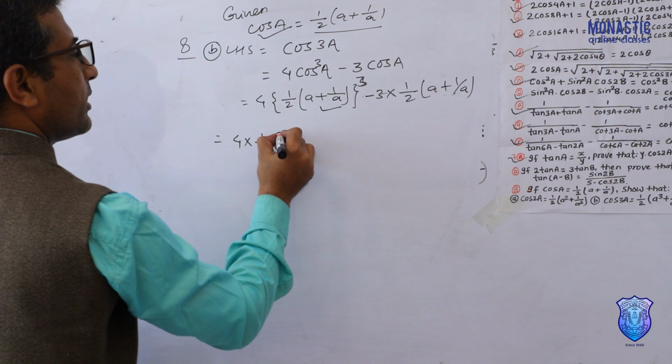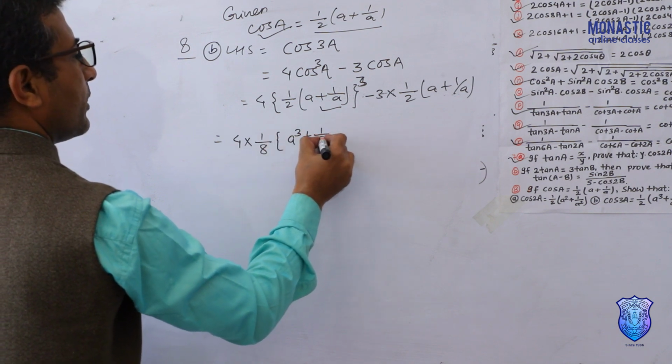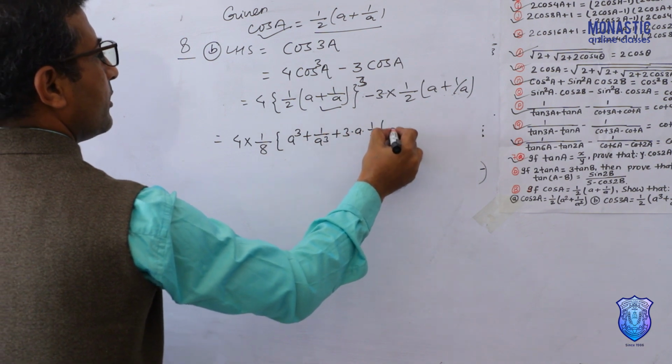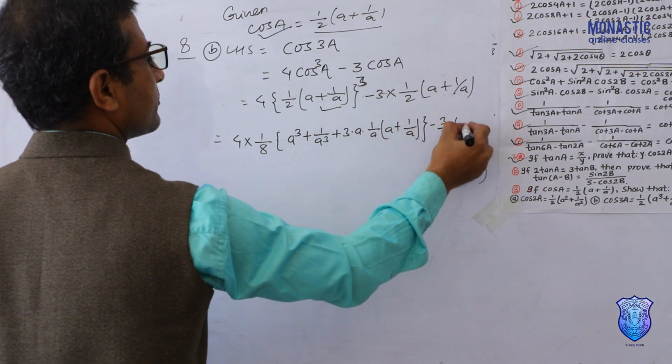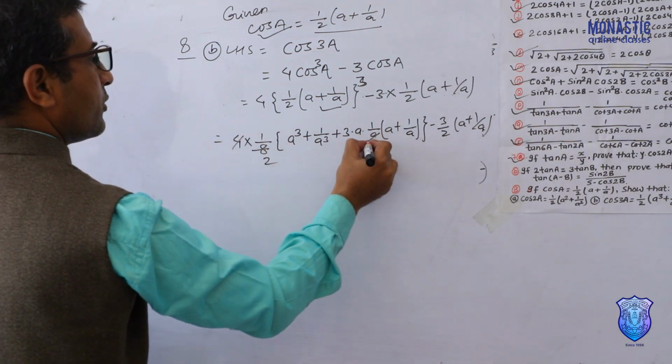And it's a cube plus b cube, so write the formula a cube plus b cube plus 3ab into a plus b. These two cancel.